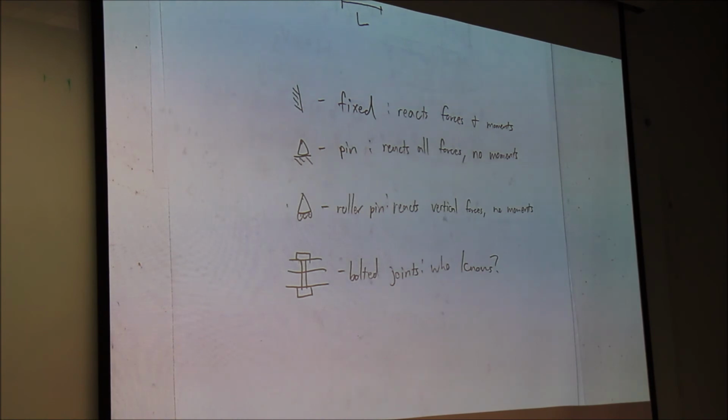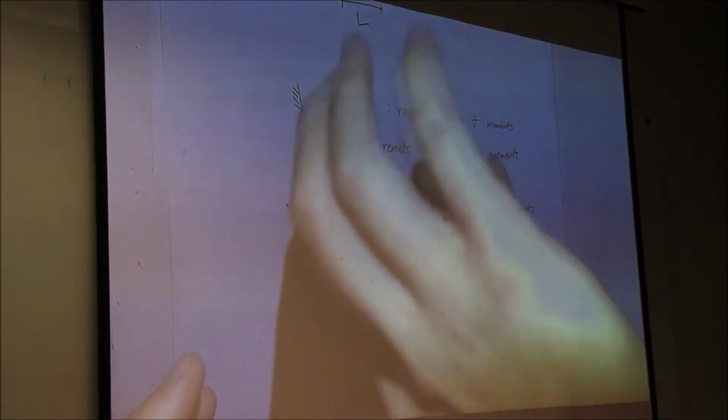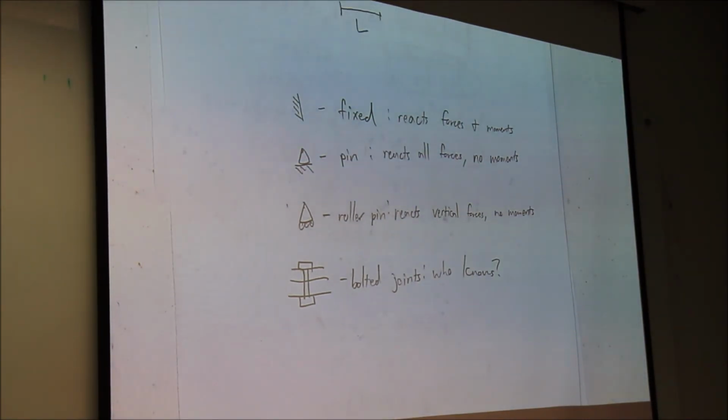Basically, for all practical purposes, if you're doing hand calculations, it's generally okay to model this as a fixed joint. Just by intuition, if I bolt two things together, I can't twist one of them. So as a first approximation, you can imagine this as fixed, but when you're modeling them in real life, they have a stiffness to them and they get really complicated really fast.